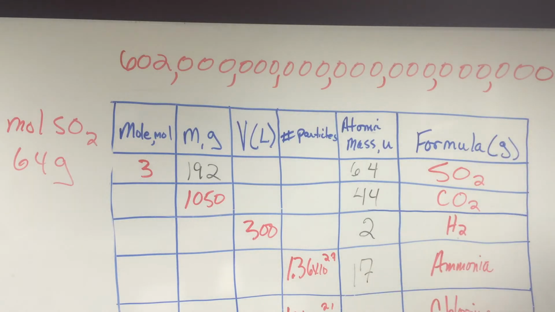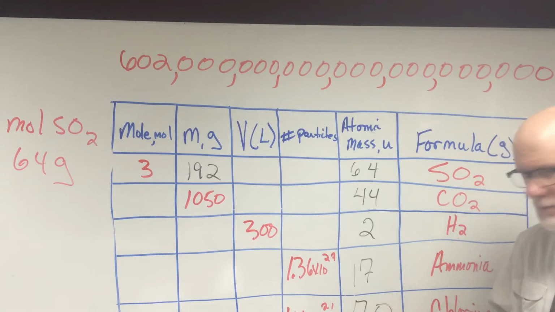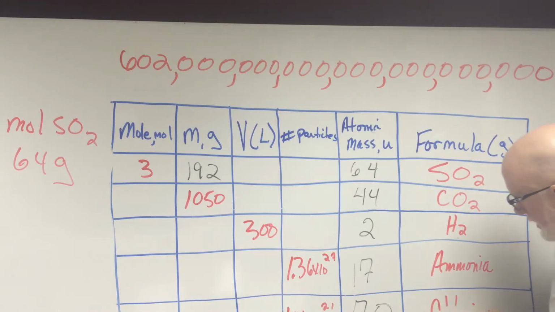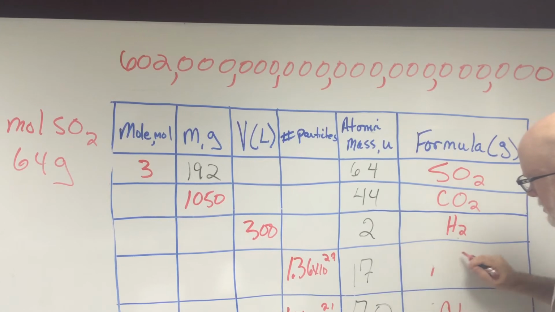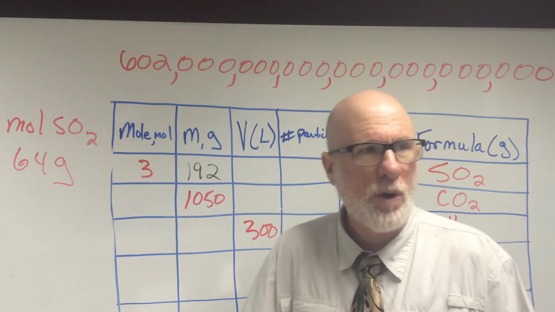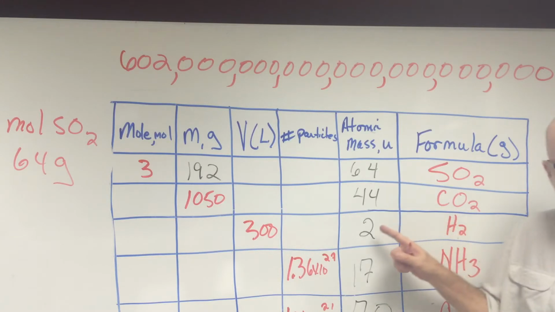And then chlorine would be what? 35 and 35, because it's chlorine, Cl2. So I'm going to get rid of this and put Cl2, and I'm going to put NH3. Now, 1 mole of this would be 70 grams. 1 mole of this would be 17 grams. 1 mole of this would be 2 grams, right?